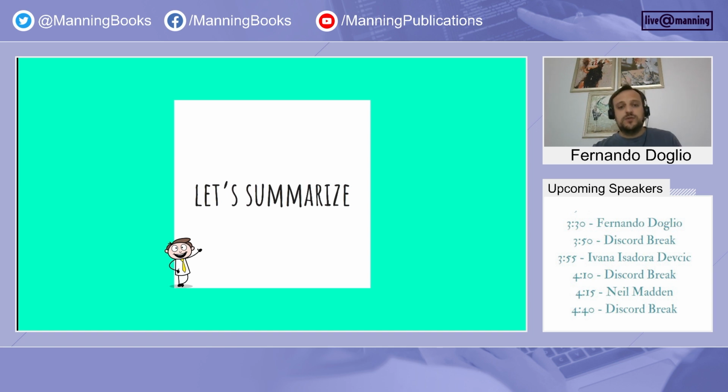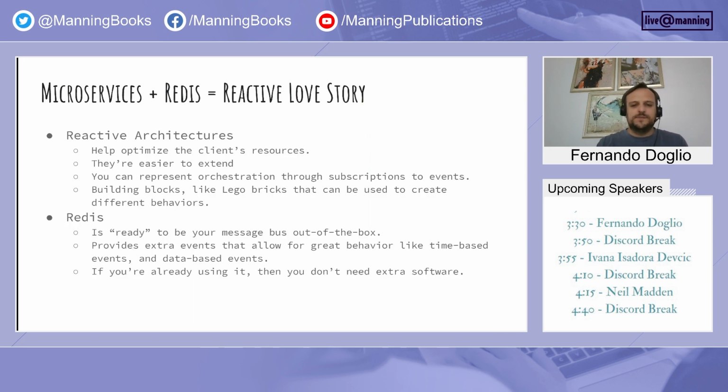So to summarize and close this talk, on the reactive architecture side, you help optimize the client's resources, both time and processing resources get optimized because you use whatever you need to use without having to spend either time or resources waiting or checking for data being available.